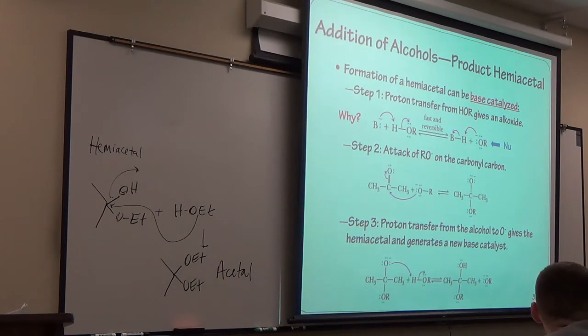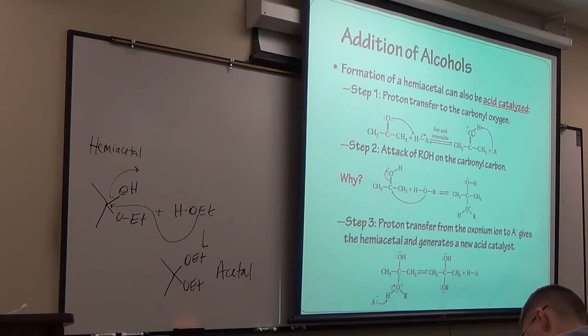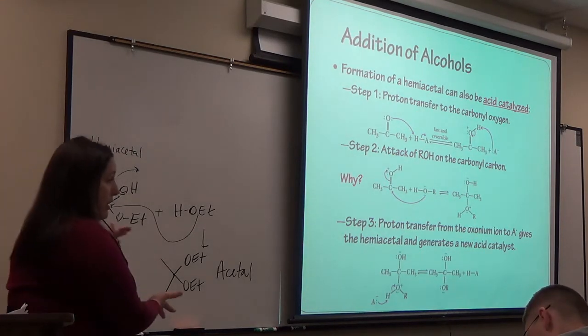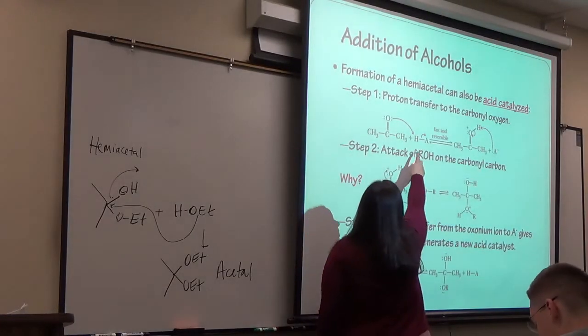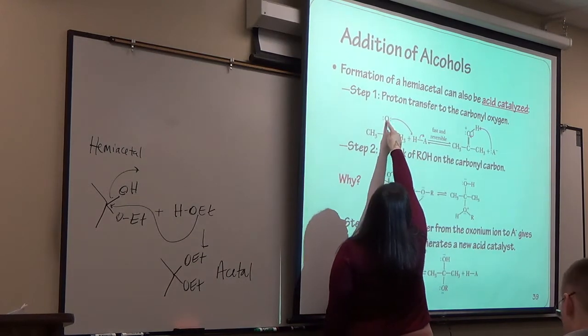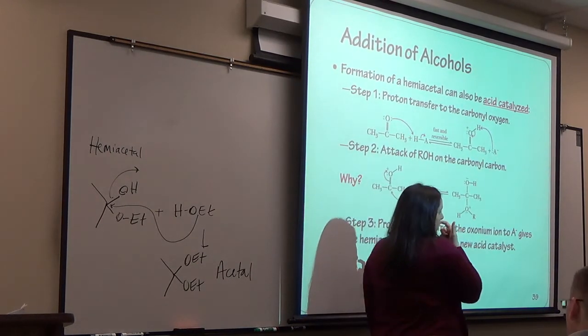Okay, but again, I just want to reiterate that with the base, what we are trying to do is make that nucleophile a better nucleophile by making it an ion. That's really the key to this. With the acid catalyzed, we've already covered this, but I put it here to review. If you have an acid, the proton is going to protonate the oxygen of the carbonyl.